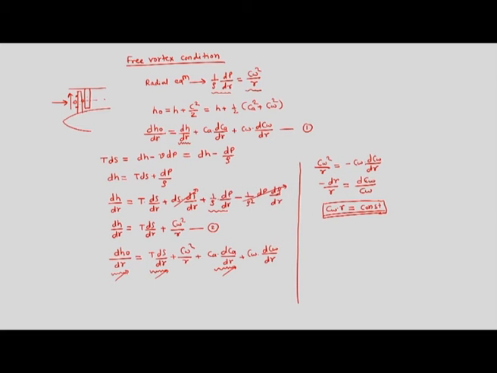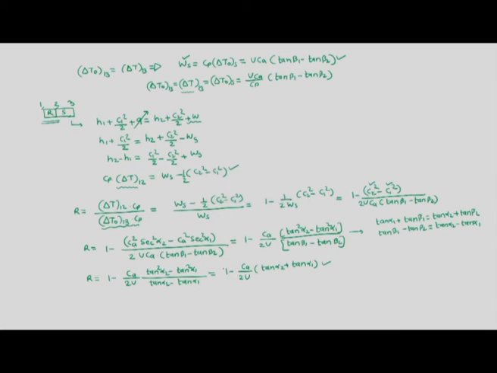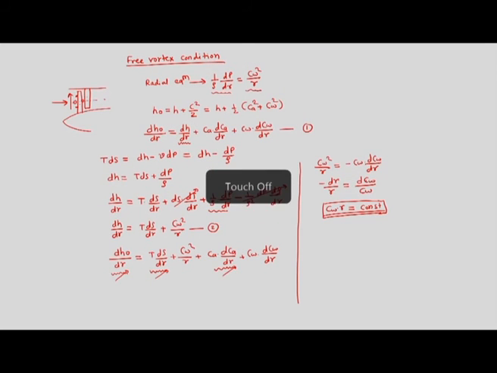This formula can be thought of as having a relation with the formula we derived for the degree of reaction. The degree of reaction formula, which we recently derived, is R is equal to 1 minus Ca upon 2u into (tan alpha 2 plus tan alpha 1).